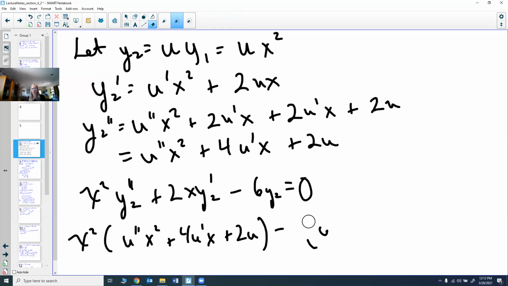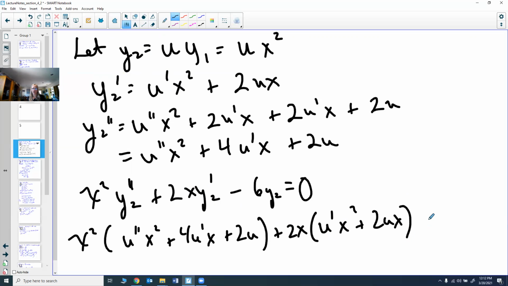y2 was u, whoops, forgot my next term. Sorry about that. Plus 2x times y prime, which was u prime x squared plus 2ux, plus my minus 6 y2, and y2 is u times x squared, and that's going to equal 0.